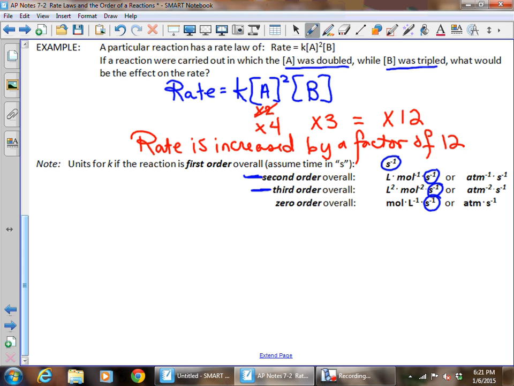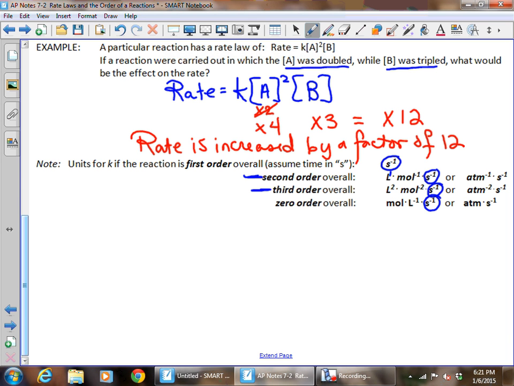If it's second order, we're still going to have liters and reciprocal moles, but one less than second order means those exponents are going to be ones. So liters to the understood first power, moles to the negative 1, and our seconds to the negative 1 never changes. If we have first order, one less than first order is 0.